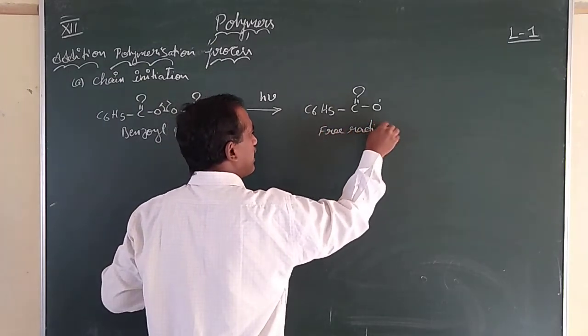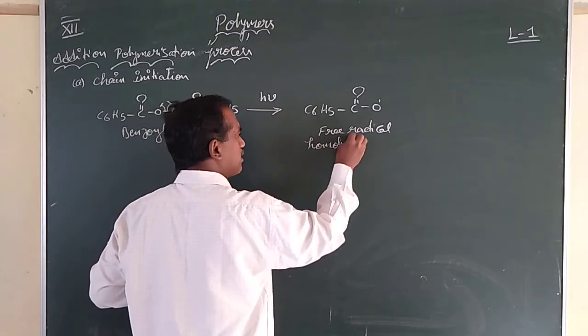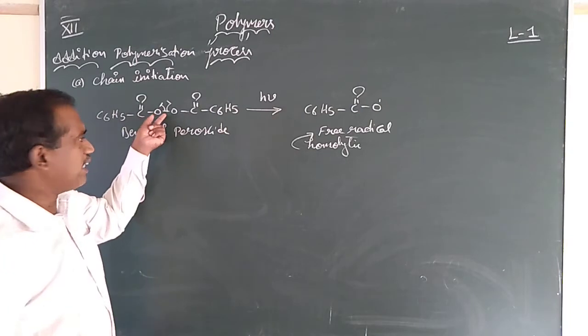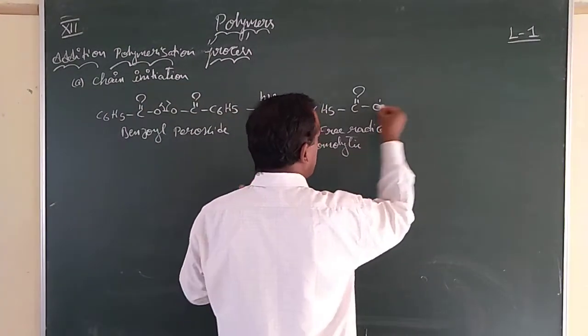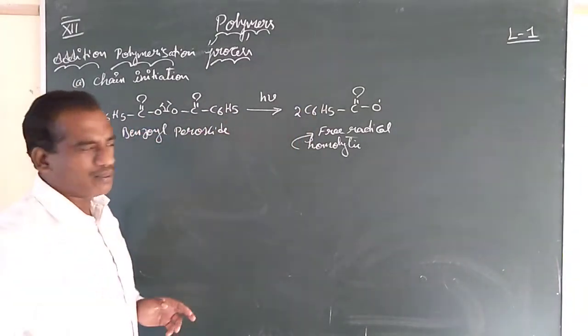When does the free radical generate? When there is homolytic cleavage. A free radical is generated due to the homolytic cleavage at the peroxy bond. So I am saying 2 moles of free radical are generated because 2 repeating units are there.